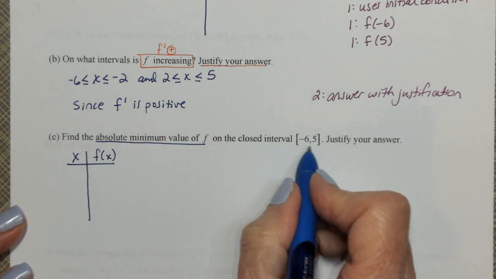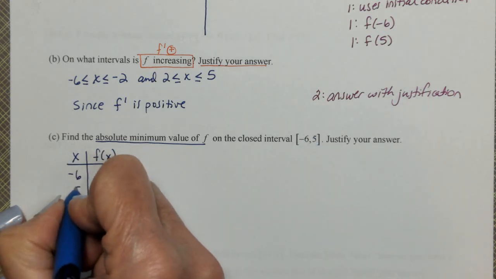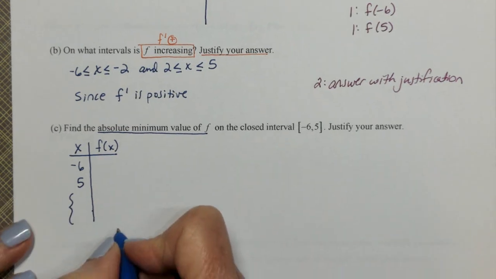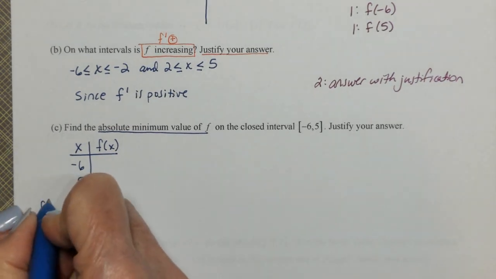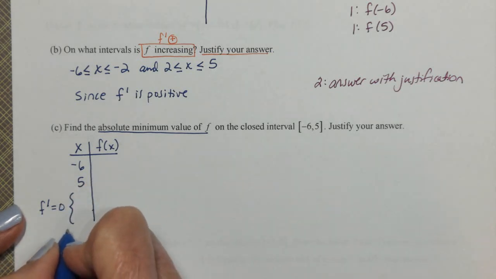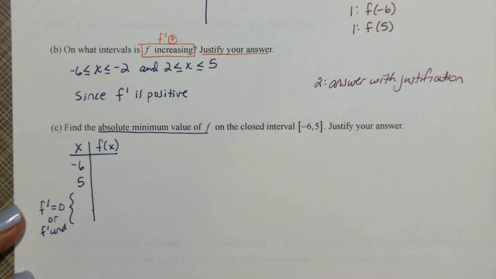We start with the candidates for x, we start with our boundaries. And then we include any value of x that makes f prime equal to 0, or f prime undefined, because those also would be candidates for the location of the absolute minimum value of f.